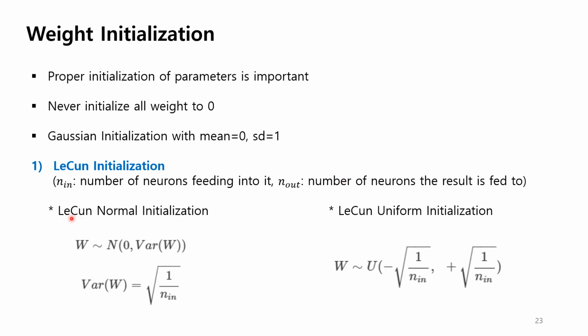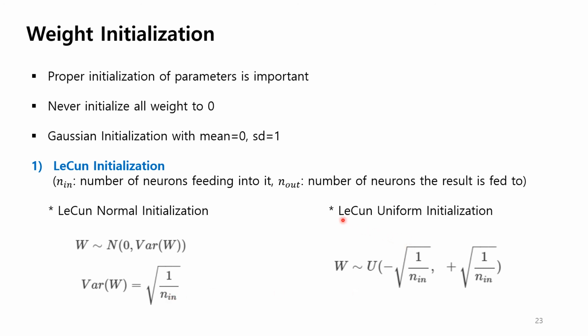When you initialize with LeCun normal initialization, the value is from a normal distribution with mean 0, and the variance is this, okay? So variance is 1 over n in, the number of input nodes of that particular weight, okay?